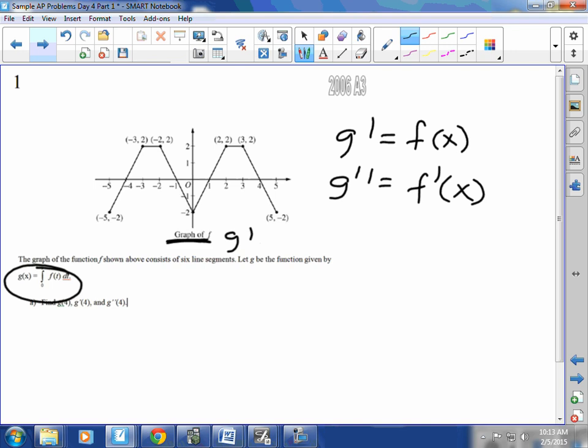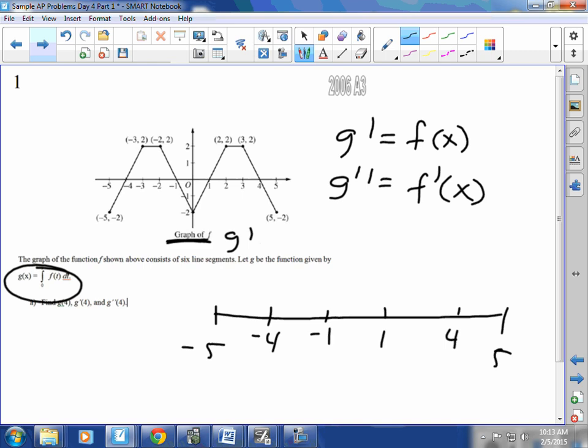Here's a picture of g prime. It starts at -5, it ends at +5. Where does it equal 0? -4, -1, 1, and 4.